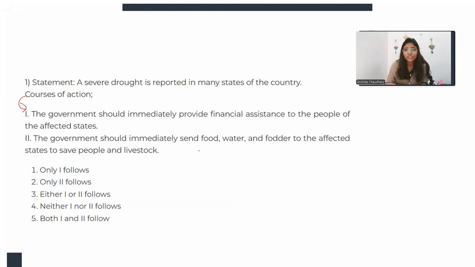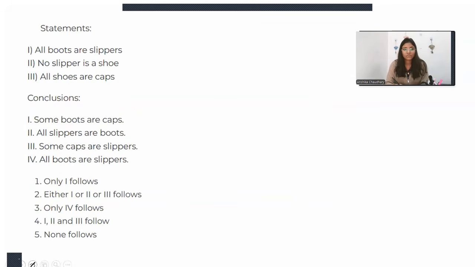The second: the government should immediately send food, water, and fodder to the affected states to save people and livestock. Yes, the second course of action is strong, because financially it is not that important at that time if the country is struggling with drought, right? The main idea is that the government should provide food, water, and fodder to save our livestock, right? So option number two, that only two follows, will be the correct answer for this question.